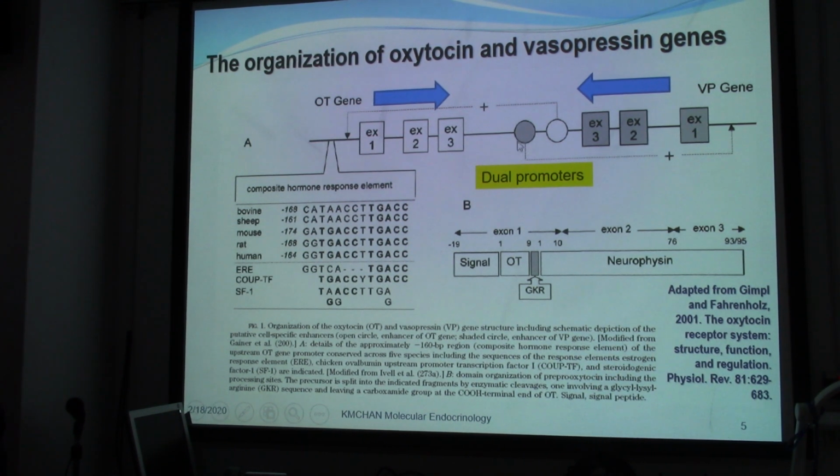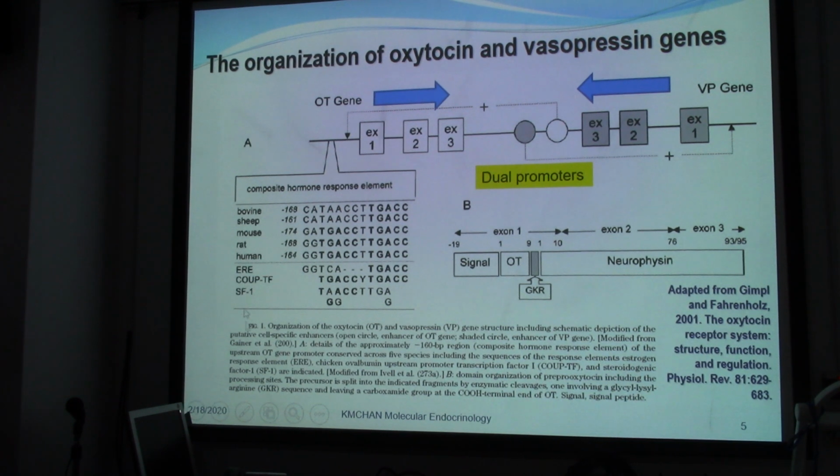The dual promoters are actually in between the two genes, and you can see that the gray part here would control vasopressin, and this open circle would control oxytocin. There are also other composite hormone response elements, which look like they control ERE, or estrogen receptor response element. These are highly conserved and found in different animals.